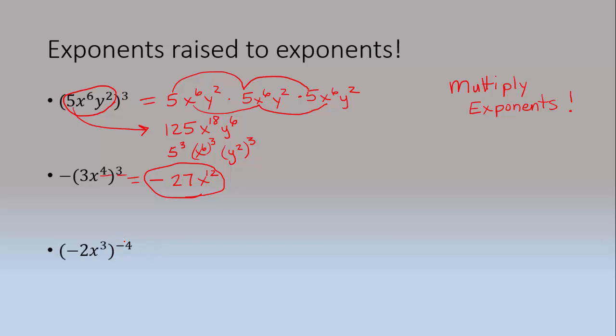Okay, last example. Whoa, we've got a negative exponent here, so I need to show you what to do with that. It's actually really easy. Notice also that we have a negative inside the parentheses this time, so it goes along with the 2 when that gets raised to the negative 4th power. Okay, here's what the negative 4th power means. It means 1 over the 4th power.